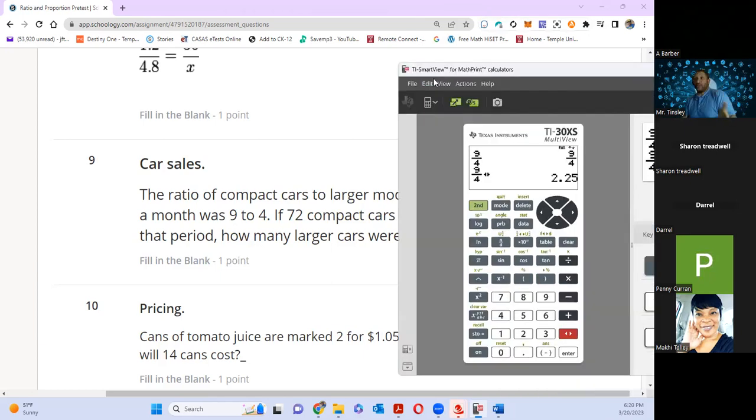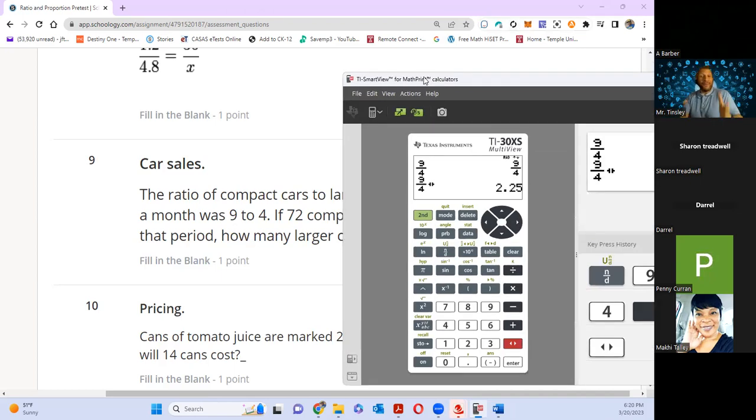So that's 2.25 compact cars. But can you have a 2.25 car? No. So this is why in this case, I wouldn't do unit rate. Can you solve it with unit rate? Yes, you can. You can solve it with unit rate, but I wouldn't. So again, the 3 things I would think about when I'm solving a proportion: equivalent fractions, unit rate, cross multiplication.